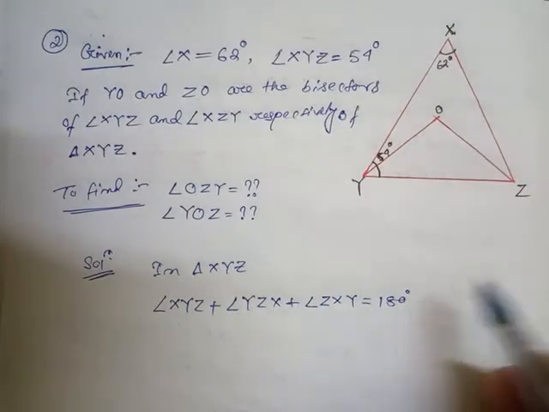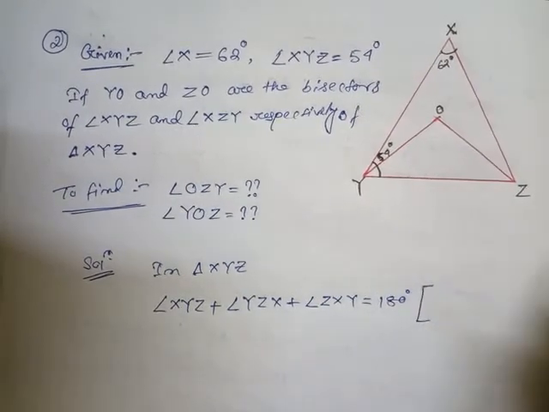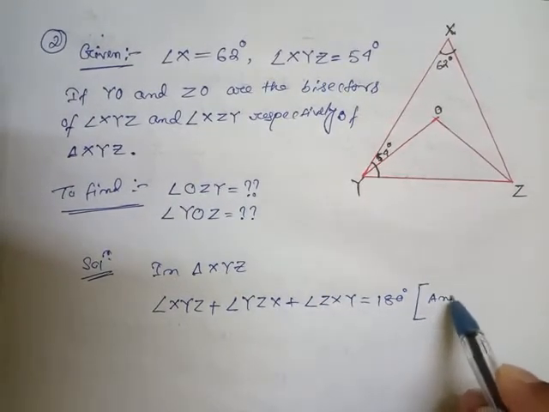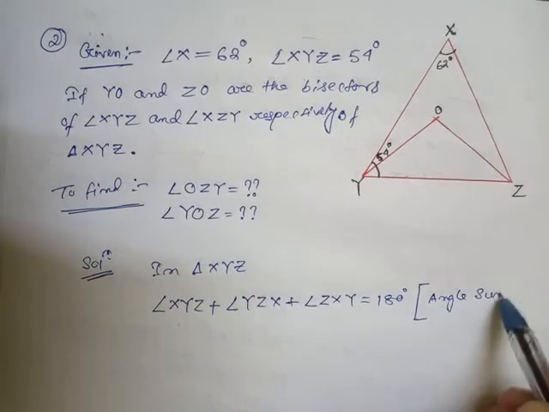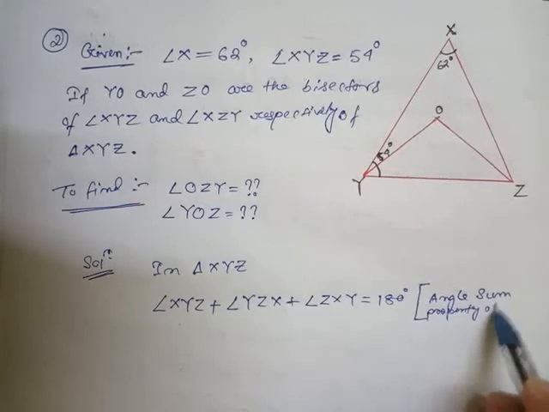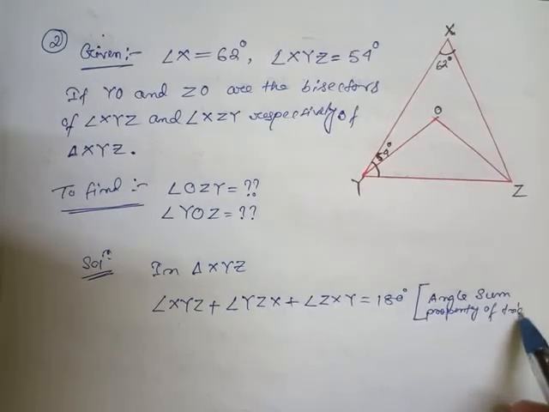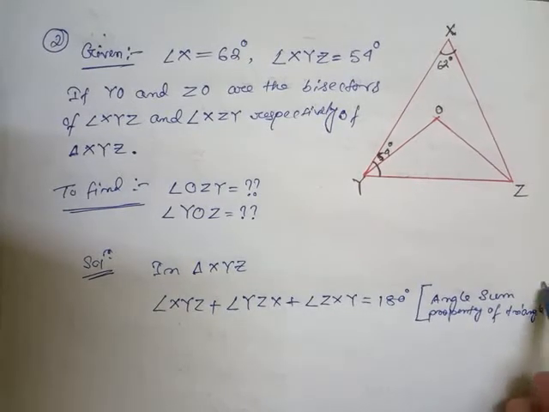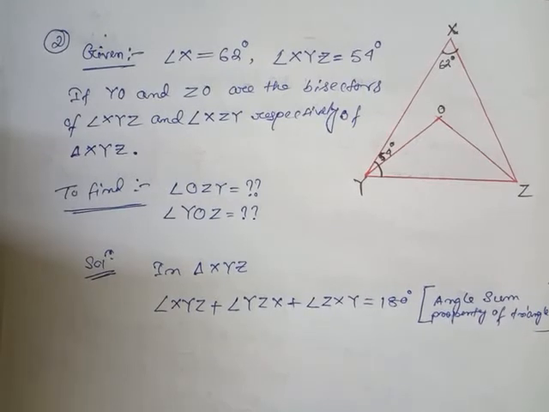This equals 180 degrees. It is the angle sum property of a triangle. We'll write down here angle sum property of triangle. This is theorem 6.7 of class 9, angle sum property of triangle.